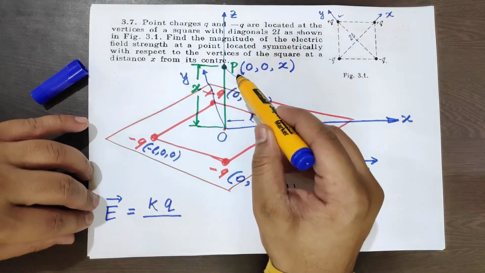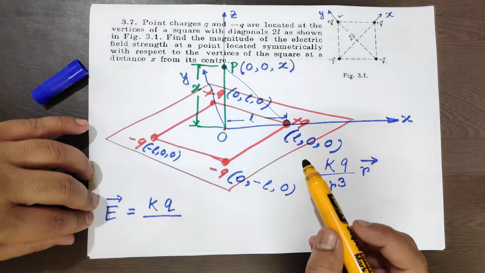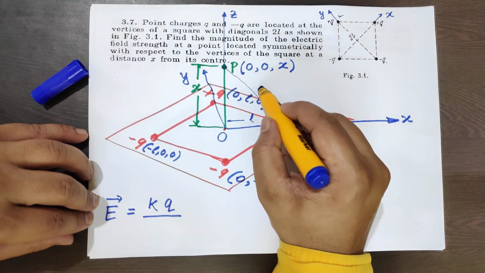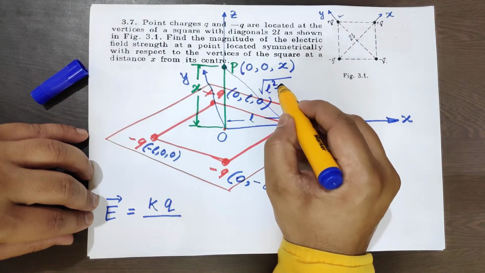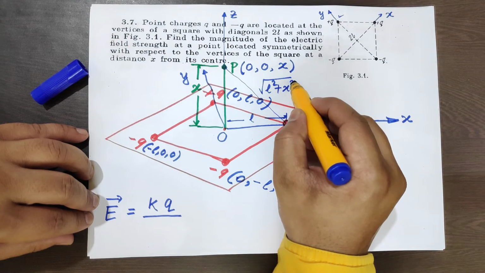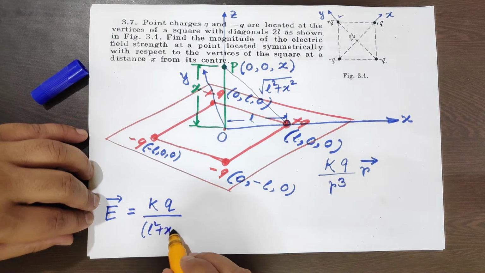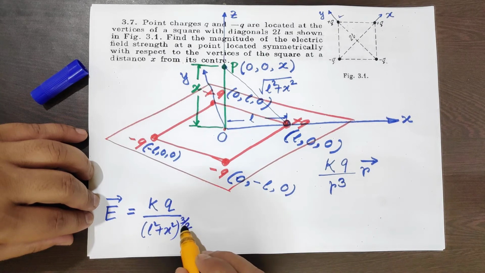Now what is this distance? Each of these distances is root over of L square plus x square, so r cube is L square plus x square to the power 3 by 2.